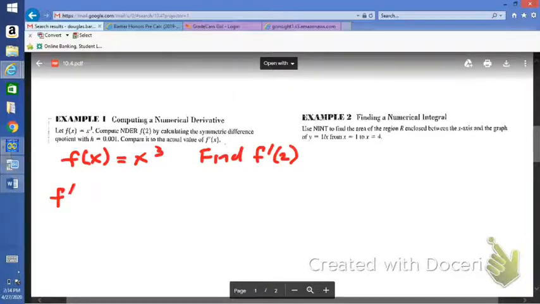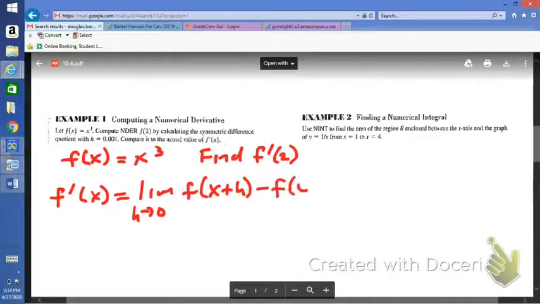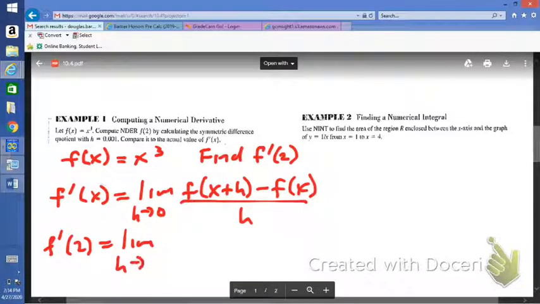So f prime of x equals the limit as h approaches 0 of f of x plus h minus f of x over h. And then what we did next, since we want to find the derivative at a point, we plugged in 2 for x. So everywhere we see x, we're going to plug in 2.